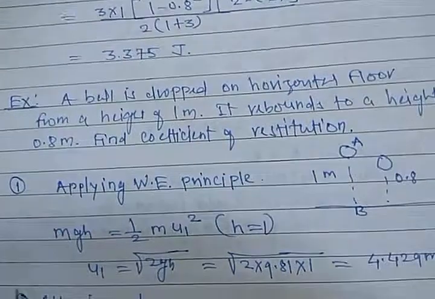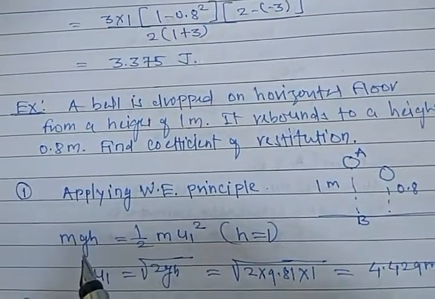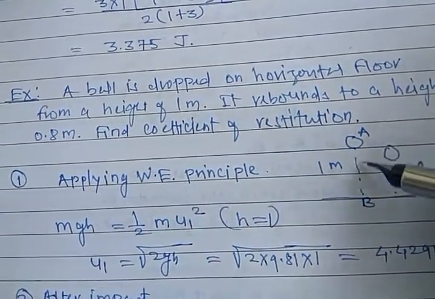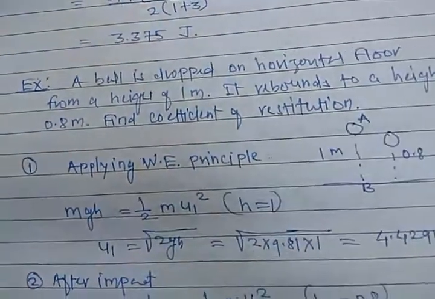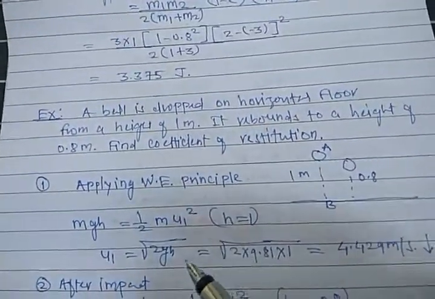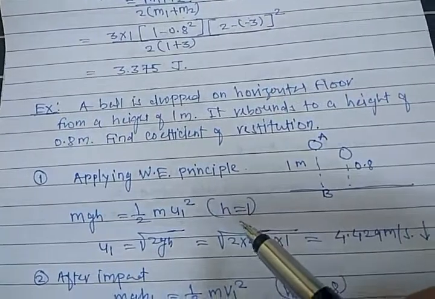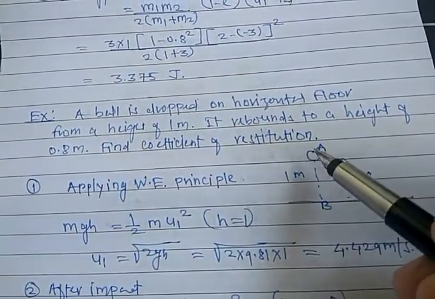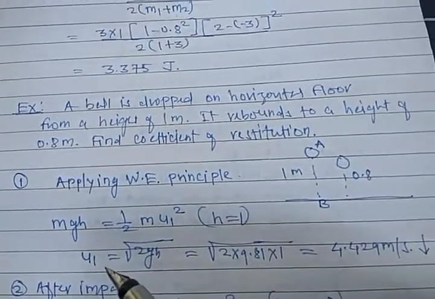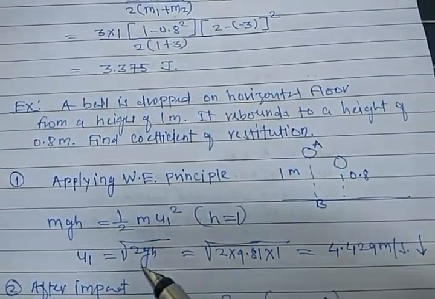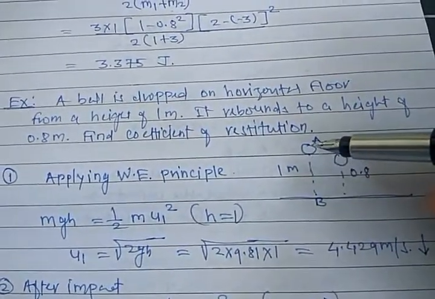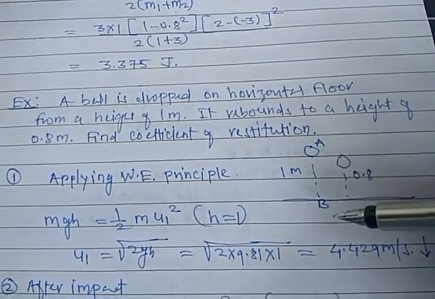So mgh, where m is mass, g is acceleration due to gravity, and h is this height, 1 meter, is equal to 1 by 2 m u1 square, half of mv square, the kinetic energy. The initial kinetic energy is 0 because it starts from rest here. So from this we get u as under root 2gh. Okay, u is the velocity of the ball while coming down.